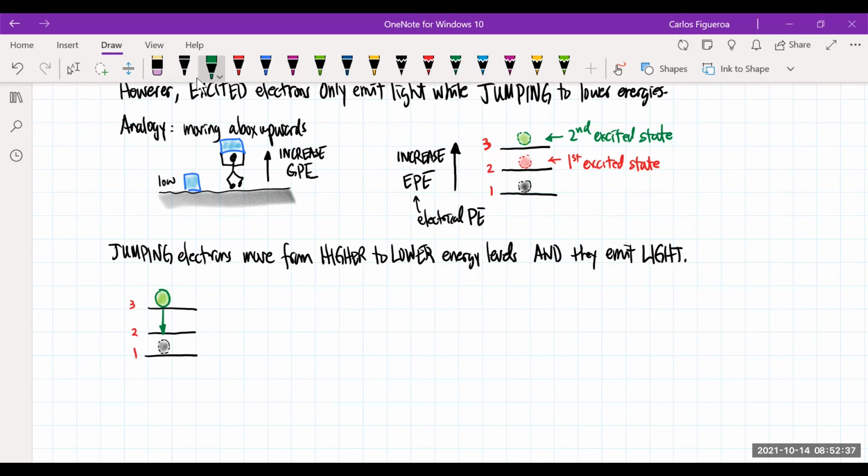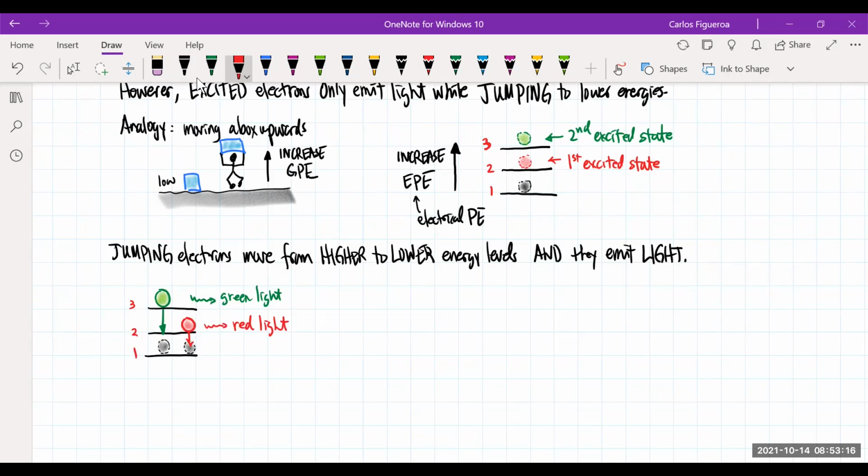It emits light. So in this case, we'll say that it's green light just because I drew it in green. On the other hand, I could have a red electron. There's no such thing as a red electron. All electrons are exactly the same. The only thing that differs about electrons is the energy. So when this thing falls down, it emits red light.